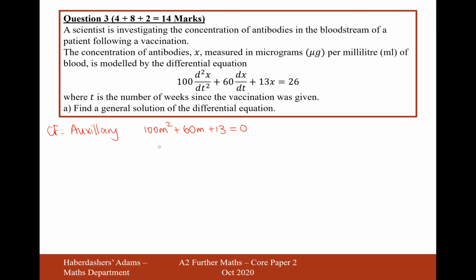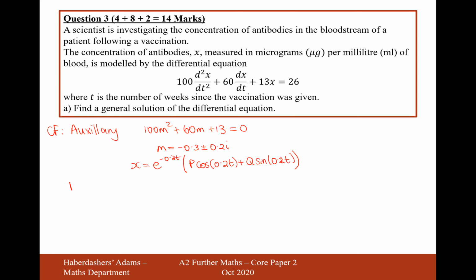And that gives us m equals minus 0.3 plus or minus 0.2i. So therefore, x equals e to the minus 0.3t brackets p cos 0.2t plus q sine 0.2t.